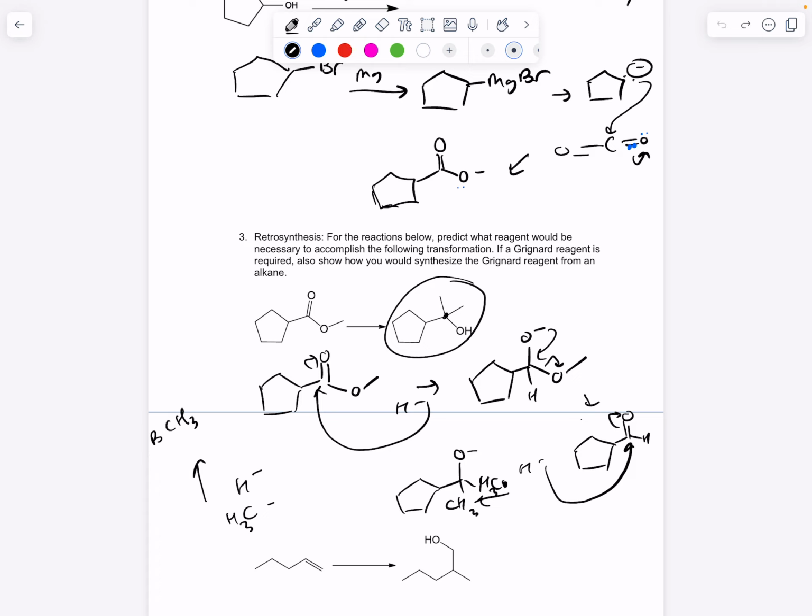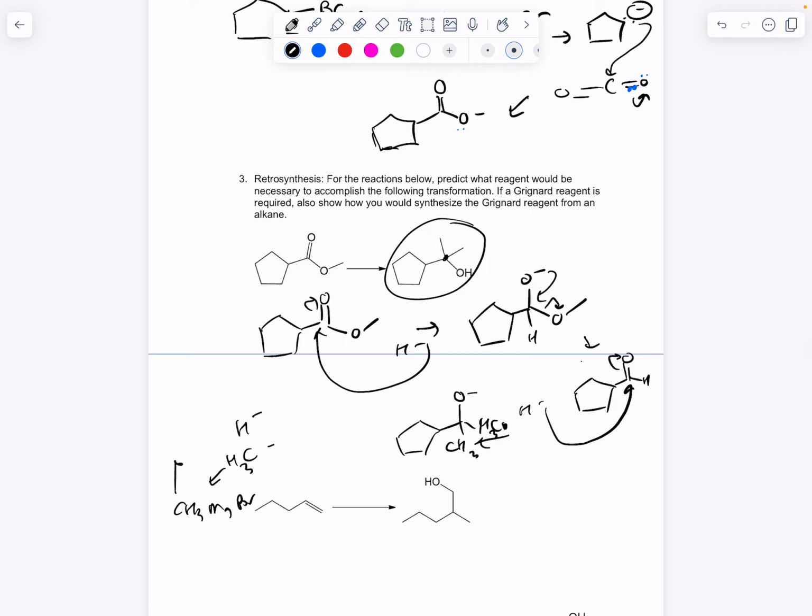I put that in weird, so let me rewrite it. I'm running out of space. I'll do CH3MgBr, and that's essentially CH3 minus. So if I have this as my nucleophile that attacks, then this reaction will work. And so that's how I process through this kind of thing.